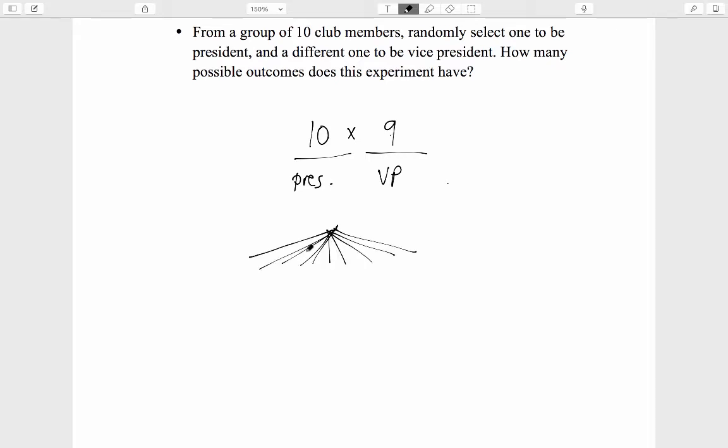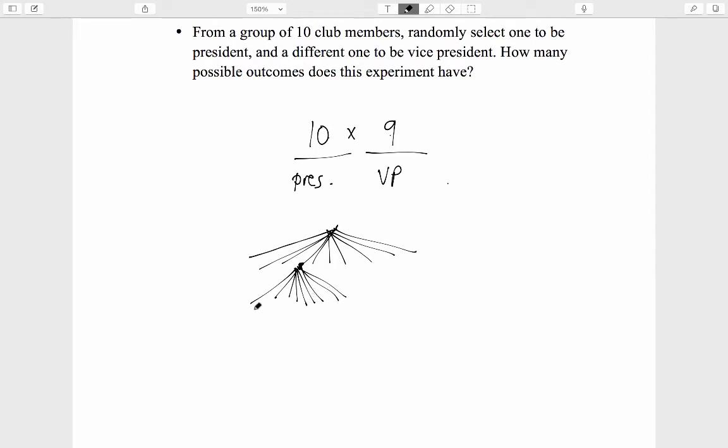If we wanted to, we could draw a tree diagram. Every club member is a candidate to be president, and having written out all the names of the potential presidents, there are now 1, 2, 3, 4, 5, 6, 7, 8, 9 people who could be vice president with that president. Every one of these 10 nodes will have a 9-fold branching for who can be that person's vice president.